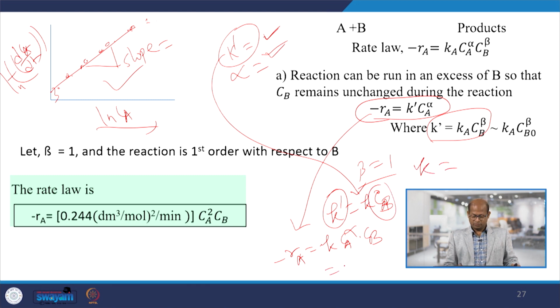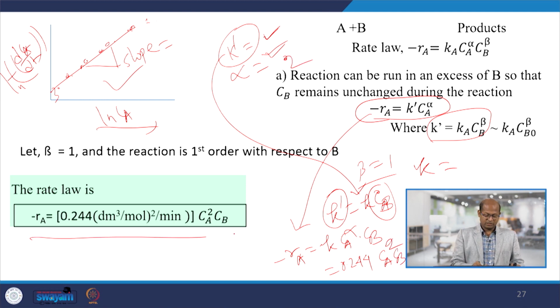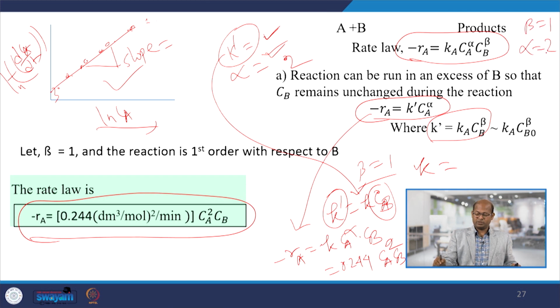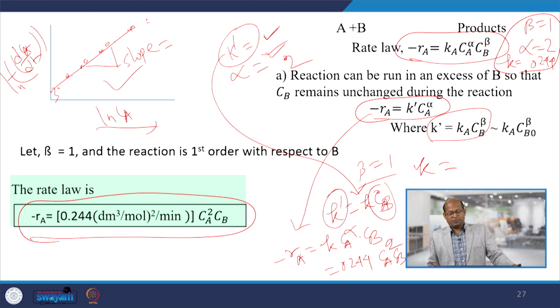So, we can put the k value here, let us say 2.44 k, and Ca to the power alpha, with alpha equals 2, let us say. So, alpha equals 2 and Cb. This would be the rate law. So, this way, the rate law parameters: beta equals 1, which we are assuming, alpha equals 2, evaluated, and the specific reaction rate constant 0.244. This way you can easily find the rate equation for this particular reaction.